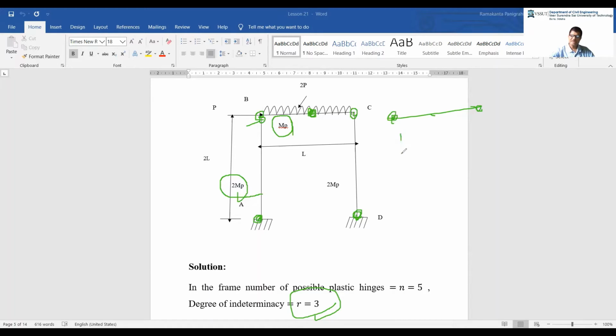While you calculate for these frames, you will find MP will come here and 2 MP will come here, because 2 MP is the capacity. Keep that in mind while doing the analysis.